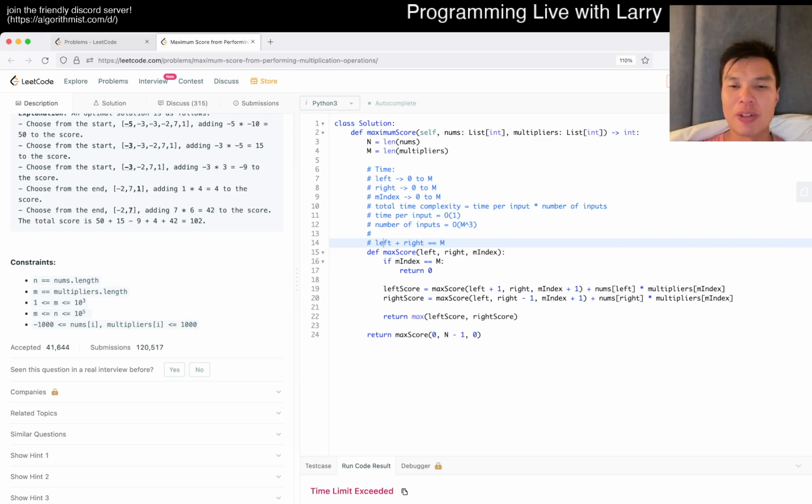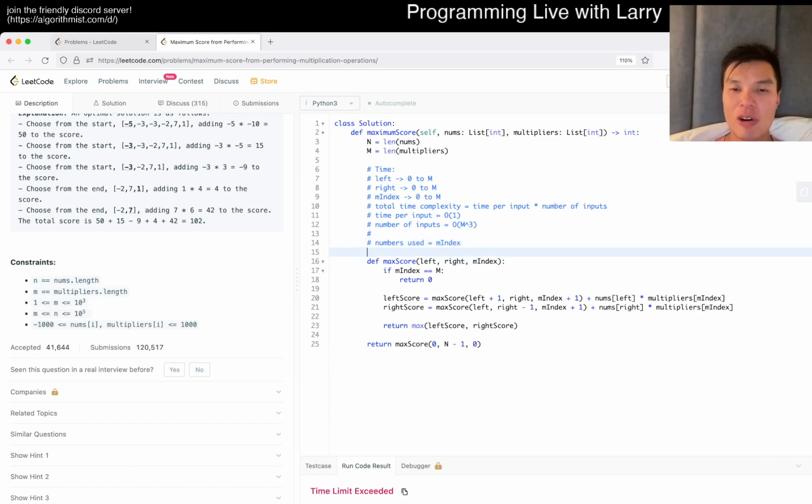The full formula is that let's say we use m index, right? So numbers used is equal to m index. And also left plus m minus right, because we can throw away the middle numbers, which is another way of saying it, so that now we're bound.